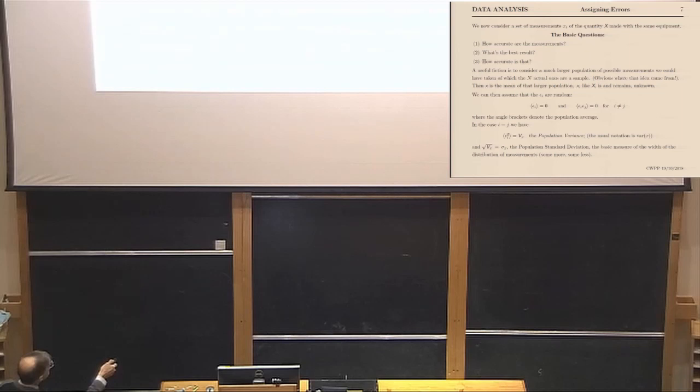You see there's an explicit i not equal to j here, so that doesn't tell us anything about the average of the square. And of course the average of the square can't be 0 because the square is positive definite. And so all we can say is that the average value of epsilon i squared is some number, and that's a very important number. It's a measure of the width of the distribution, and it's called the variance.